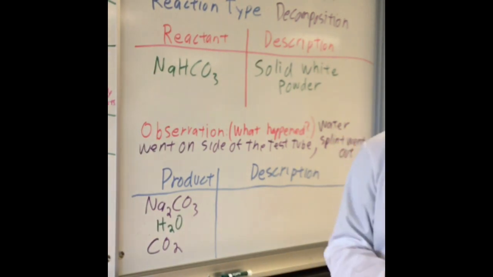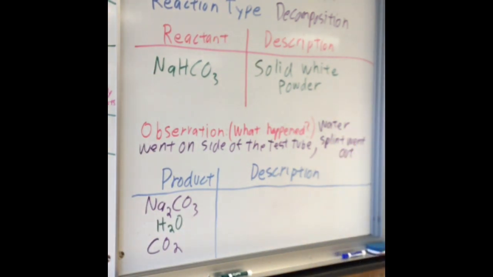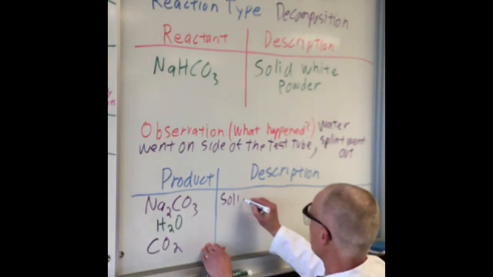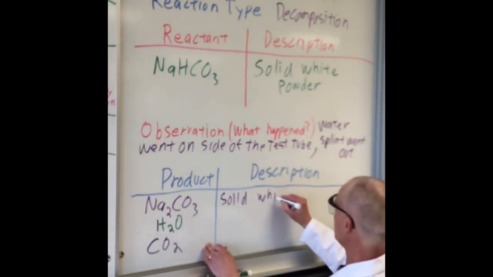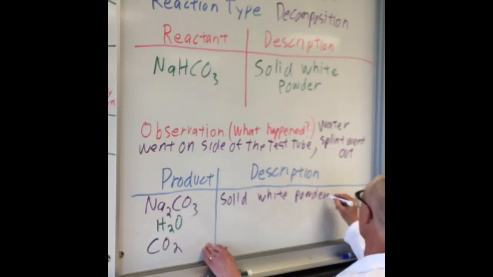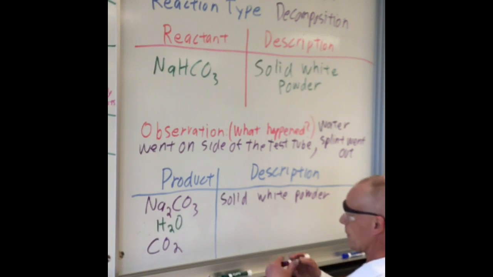And as you saw in the test tube, it looks the same. It is a solid white powder. So it looks the same as the reactant, so we'll write the same thing. Solid white powder.